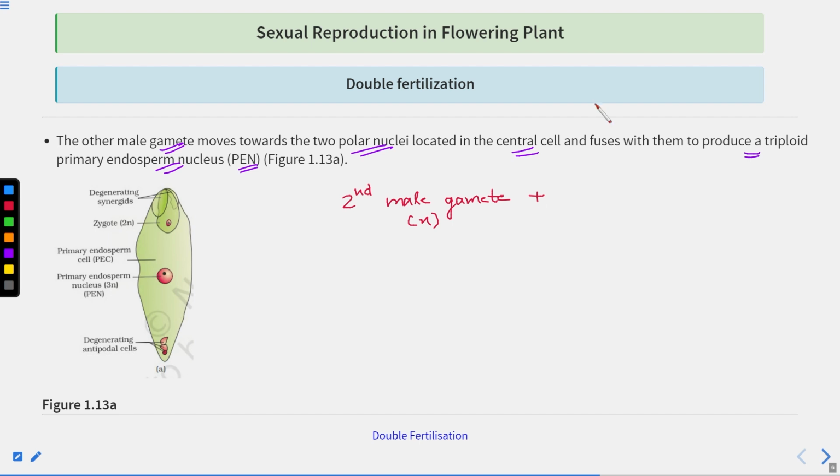It fuses with the 2 polar nuclei. These 2 polar nuclei, as we have seen, fuse to form the secondary nucleus.